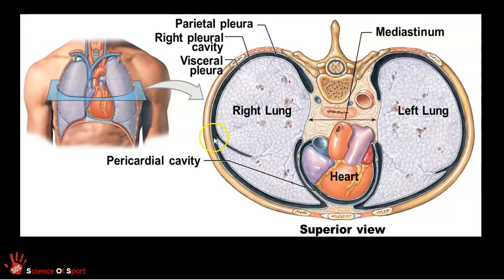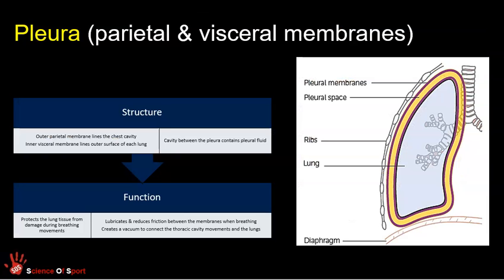So the outer layer is called the parietal pleura. The inner layer, which lines the lungs, the lung tissue itself, is called the visceral pleura. You need to be able to label them both, parietal, visceral, a double-layered, continuous sac that each lung sits inside.